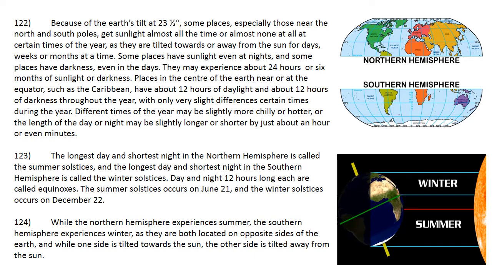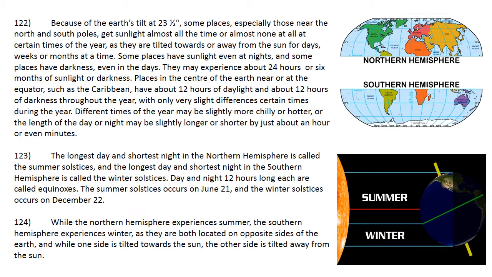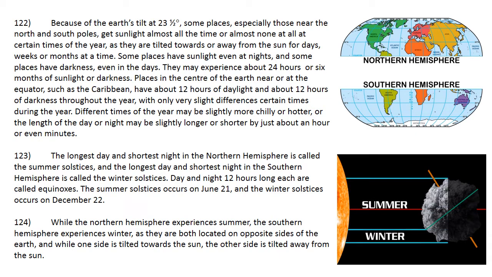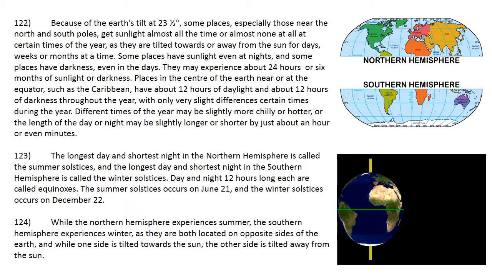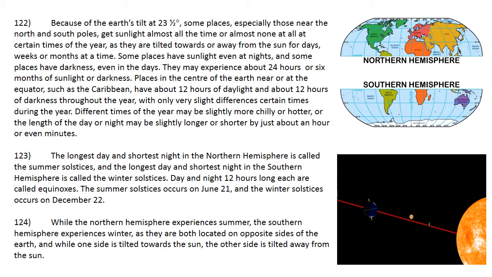Some places have sunlight even at night, and some places have darkness even in the days. They may experience about 24 hours or 6 months of sunlight or darkness.